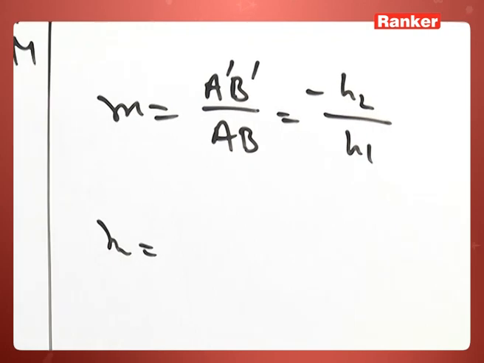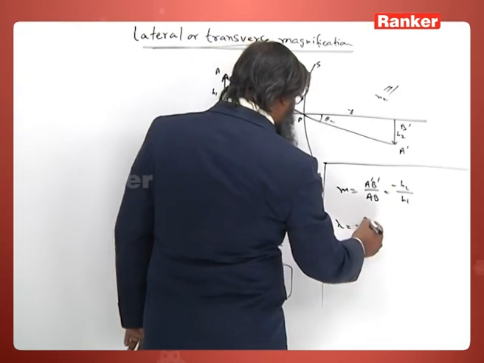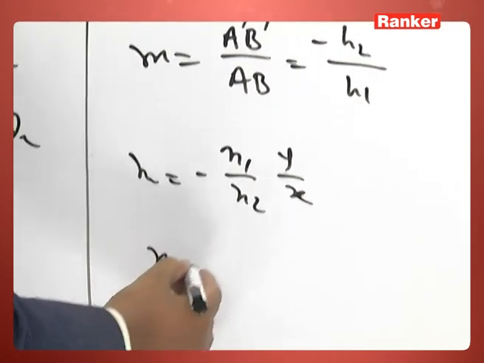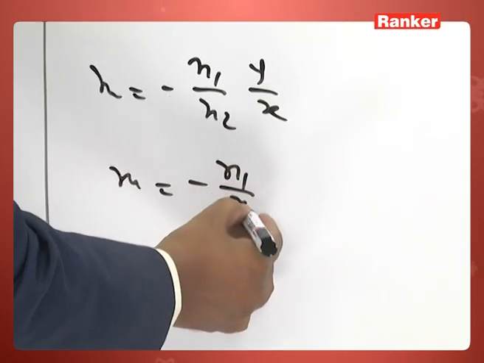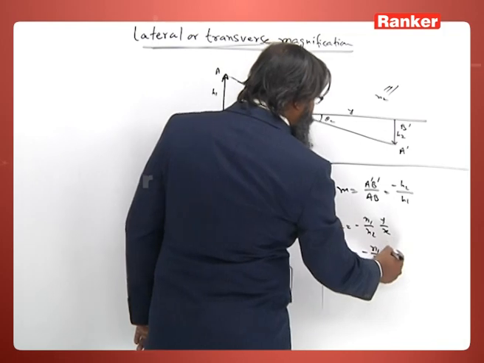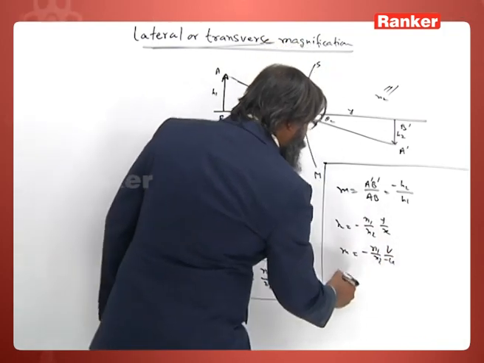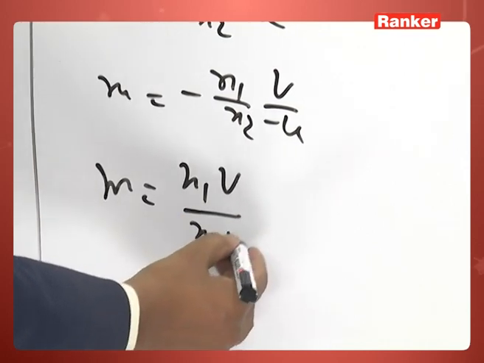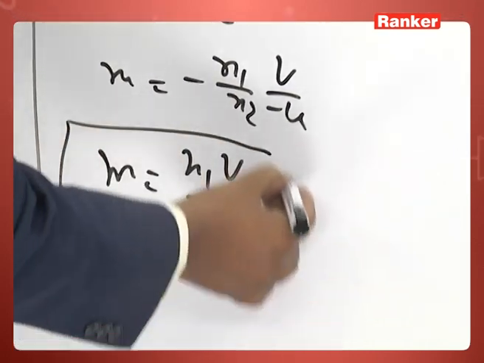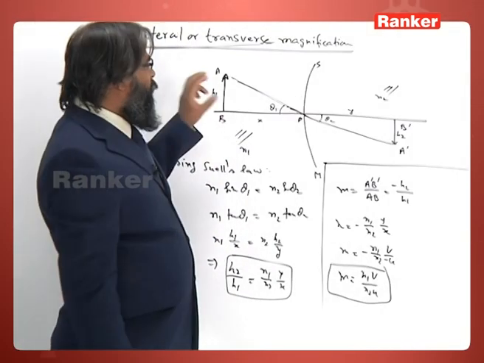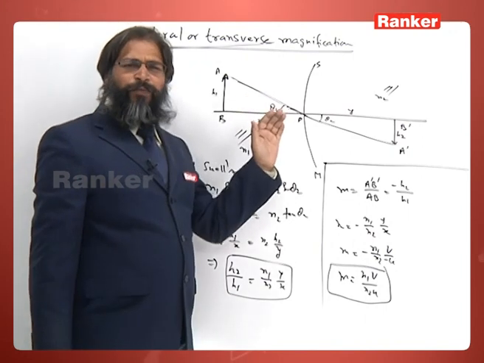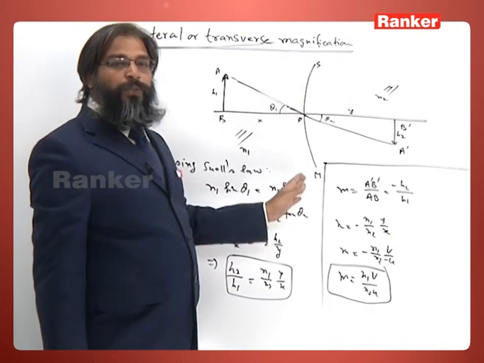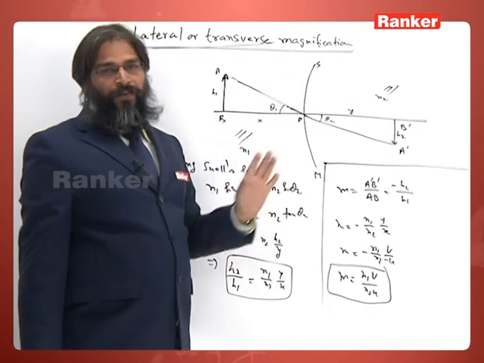So h2 by h1 is again minus n1 by n2 into y by x. So again minus n1 by n2. Now y is v and x is minus u. So we have n1 v by n2 u. This is the expression of the transverse or lateral magnification caused by the refraction due to a single spherical surface.